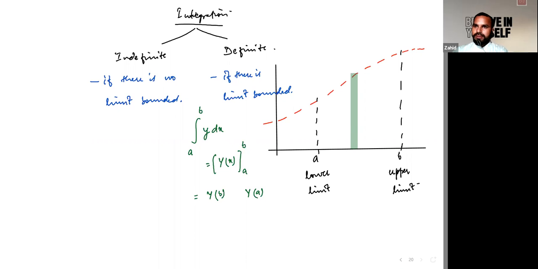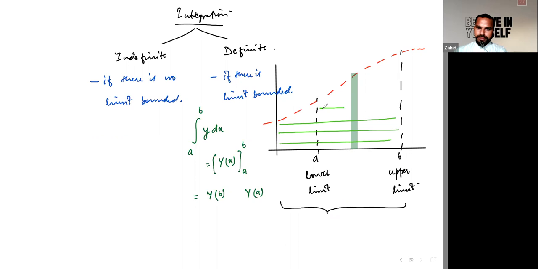Geometrically, y at b will define the area extending from this point to this point. So this will be area Yb.